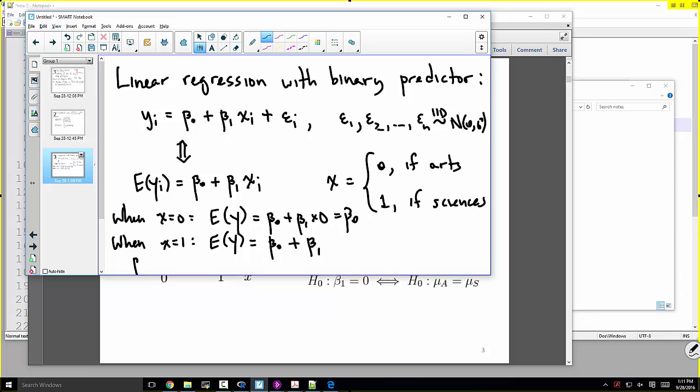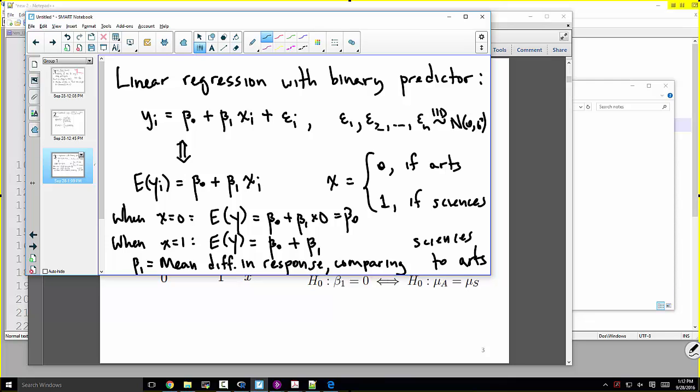Beta 1 is mean difference in response comparing sciences to arts. Beta 1 is a mean difference.